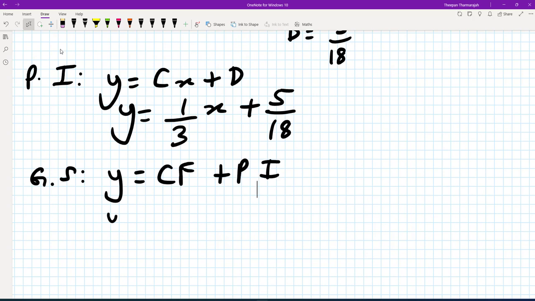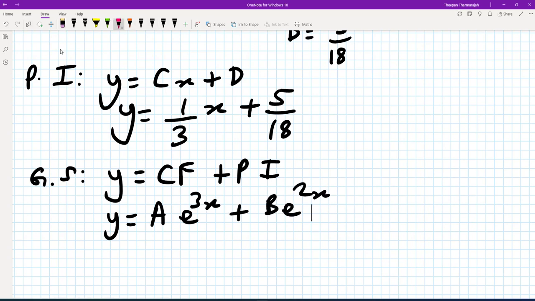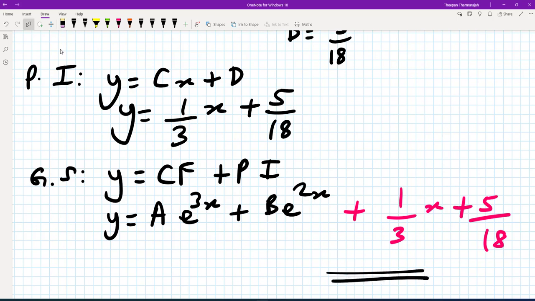So in our case, it's going to be the following: a times e to the 3x plus b times e to the 2x. I'm going to write the particular integral in pink here. So plus a third x plus 5 over 18 is our general solution.